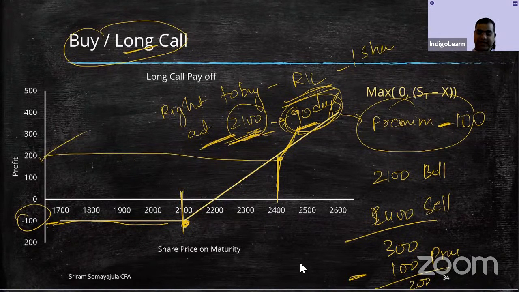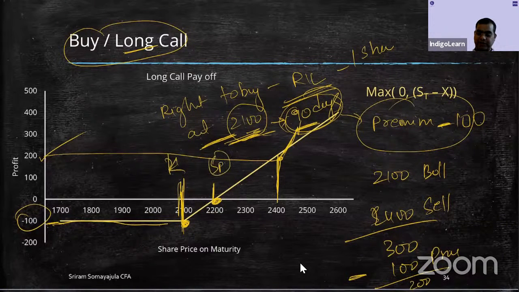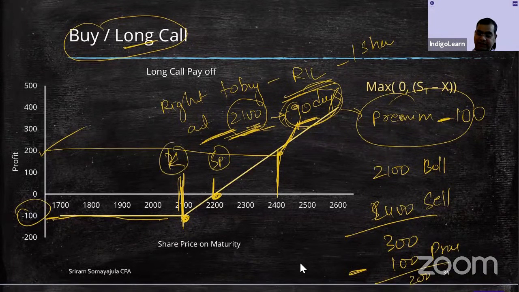So if the market price is 2,400, I have made 200 rupees profit. If the market price is exactly 2,100, I'm still 100 rupees in loss. But if the market is 2,200, I will get the difference between this 2,200 and the strike price. What is the strike price? 2,100 is the strike price. The difference between the spot and this particular strike price on that day, this money I will get as gain.